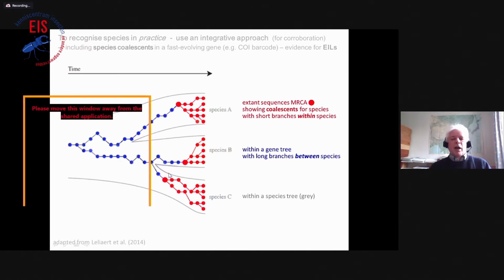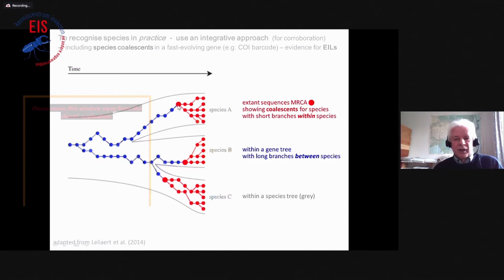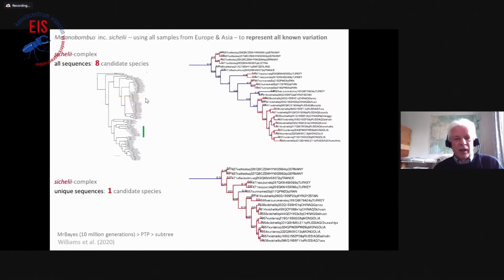And so we can turn this round and fit models to try and detect these species, using a model of short branching and a model of long branching, and see where we get the transition points to locate where these coalescents are likely to be, and hence where our species are.